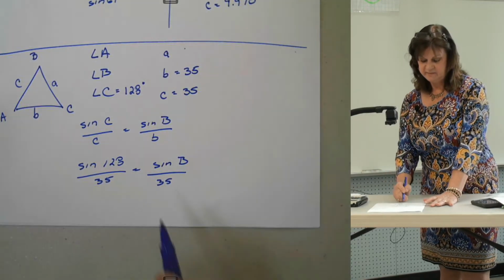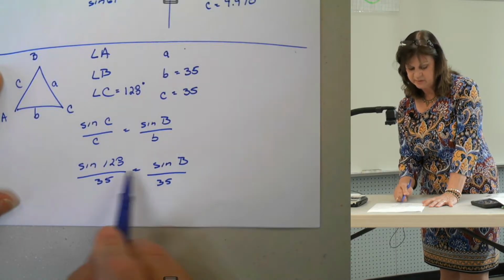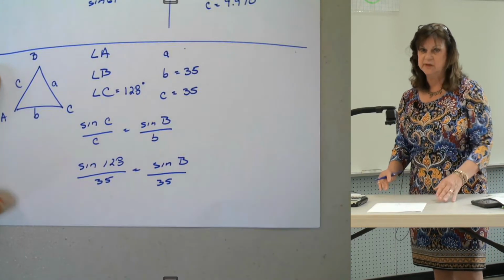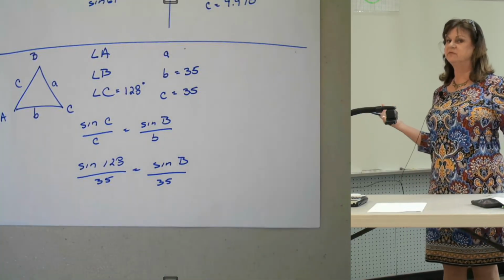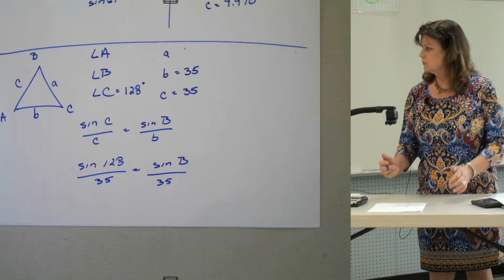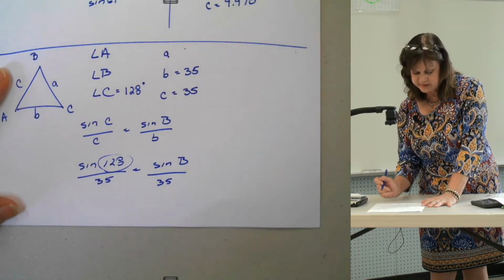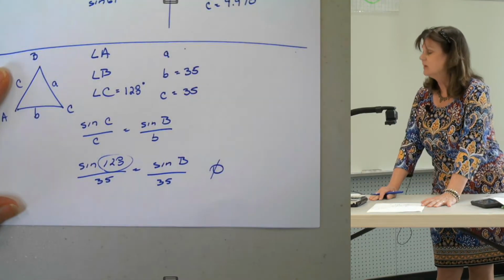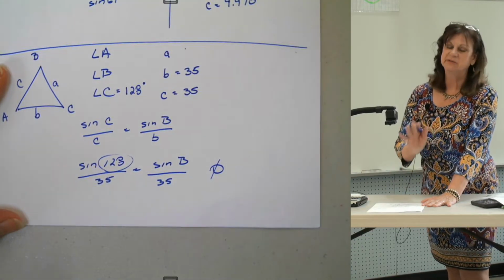If you haven't seen the problem yet, you might now. Remember, if I have two fractions with the same denominators, their numerators have to be equal. If something over 35 is equal to something over 35, the somethings have to be the same. Which means angle B would have to be 128 degrees, and clearly that is not possible. So we'll have no solution. But let's say you didn't see it at that point.